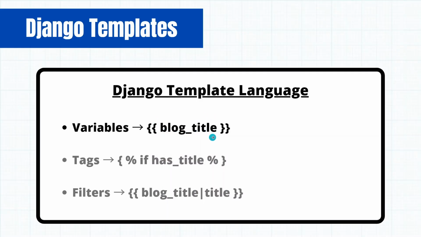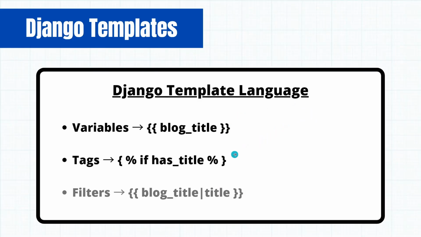And in a normal HTML file, this would just render out as text. You would actually see the curly brackets and you would just see blog underscore title, which probably isn't meaningful at all. But the Django template language understands that you're looking for a variable, and so it will try and find the blog title variable and inject that value into the HTML file that it creates.